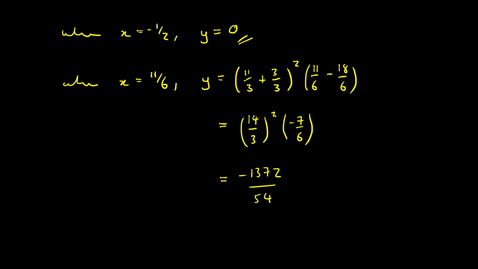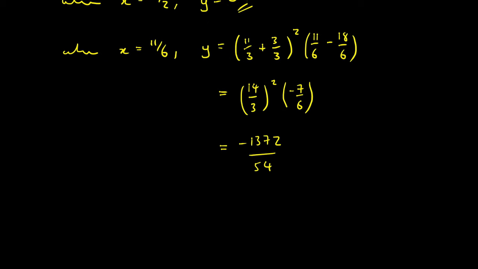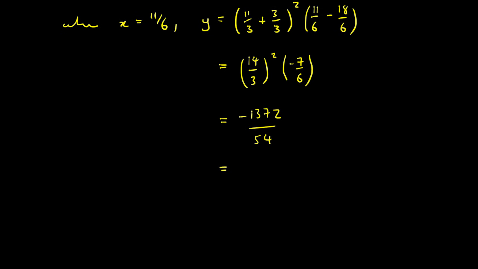So 1372 divided by 54 is 686 upon 27, negative 686 upon 27, and if I just put that as a decimal, that is going to be approximately equal to negative 25.4 to 3 sig fig.